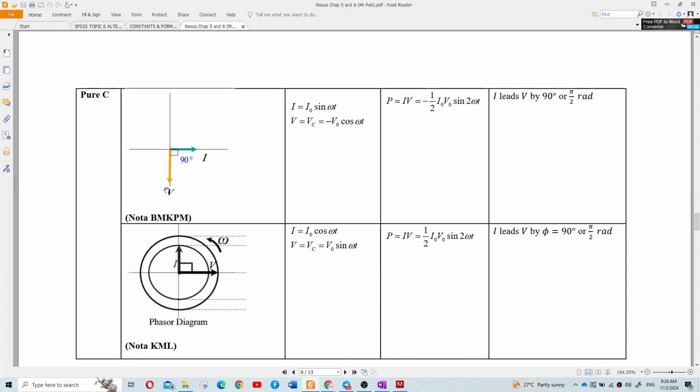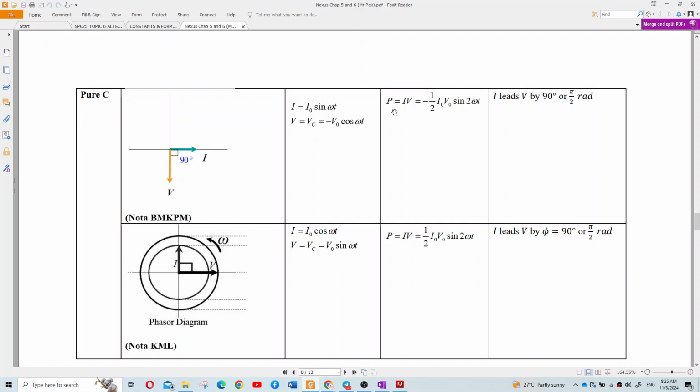current leading voltage. ICE, isn't it? Remember that ICE. So it's current leading voltage. Current leads by 90 degrees. Current is in front. So current is a sine graph and voltage is a negative cos graph. So current leads voltage by 90 degrees, or pi over 2 radians.